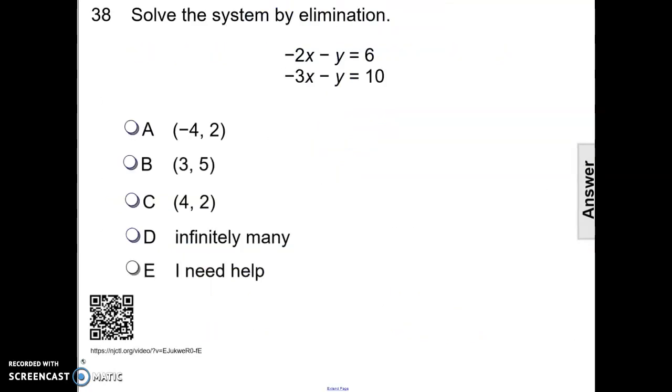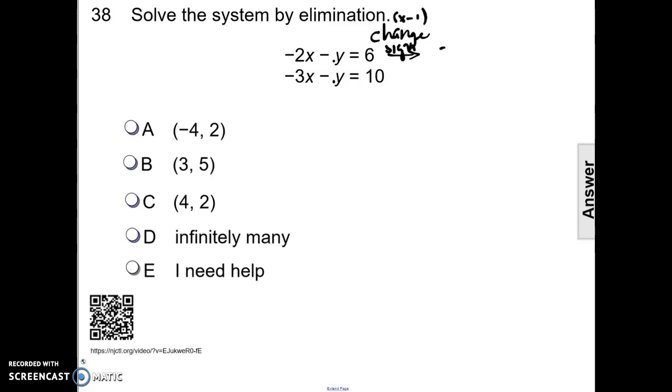Okay, let's solve this system by elimination. 2 and 3 are not the same, so I can't use those, but I see y and y. Same number, same sign. So the first thing I'm going to do is rewrite this equation, changing all the signs. Basically what I'm doing is multiplying by negative 1.